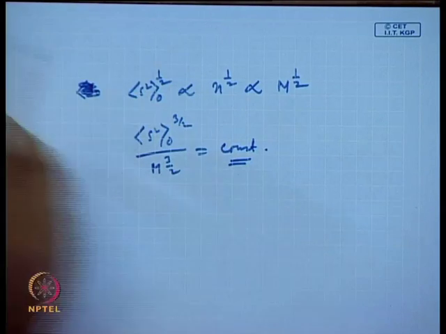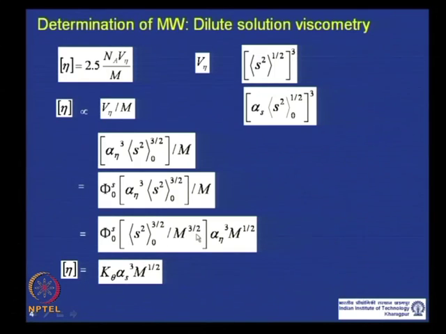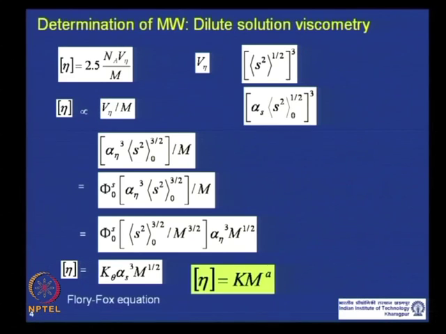So, this is a constant as we just discussed, this is also constant, and we are clubbing these two in another constant, and you have the expansion factor and molecular weight to the power half. This expression is known as the Flory-Fox equation.